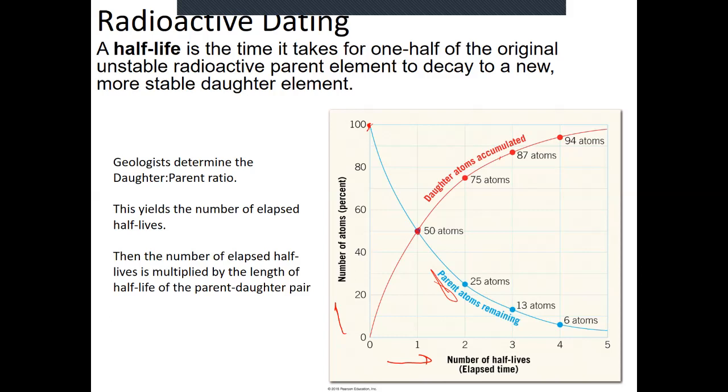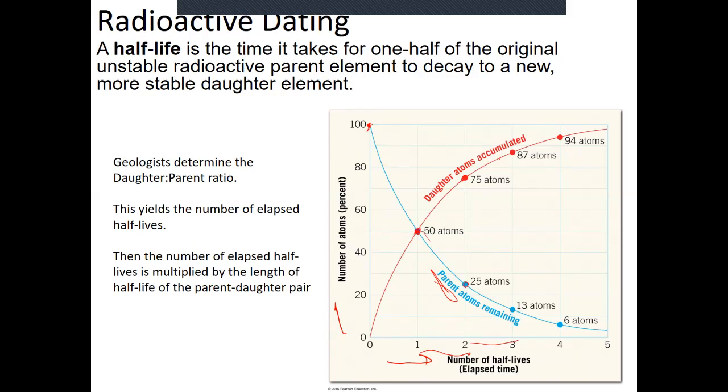That's after one half-life. After two half-lives, half of this 50 will decay away. So half of 50 is 25. So 25% of the parent decays away, and that 25% of the parent that decayed away became daughters. So now we have 75% daughters, 25% parents.